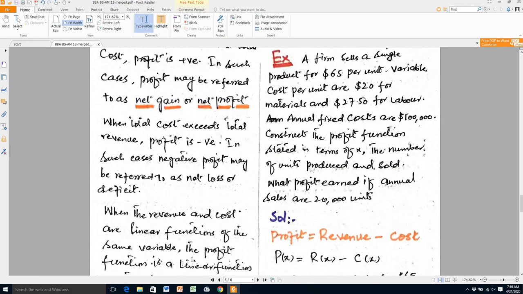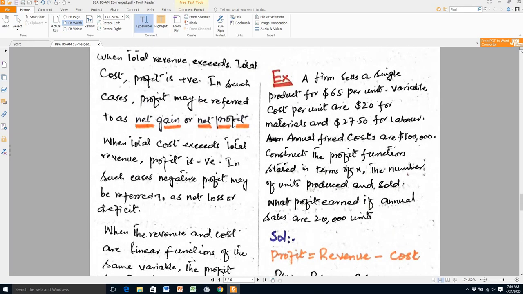Now we see another example here. A firm sells a single product for $65 per unit. Variable costs per unit are $20 for material and $27.50 for labor.